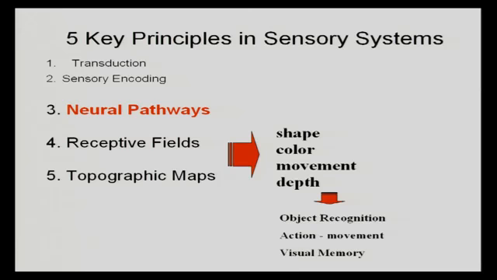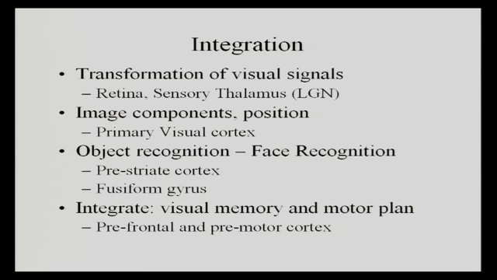So what we learned about is the receptive fields, and we want to ask questions about how they lead to the detection or the perception of shape and color and movement and depth. Just to give you a brief summary of where we're going now: we've discussed the transformation of the visual signals in the retina and the central thalamus, the LGN.